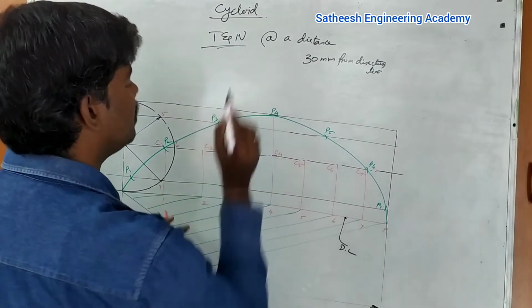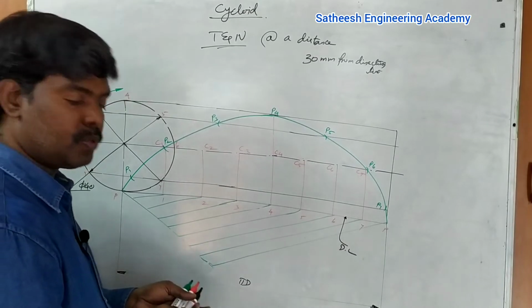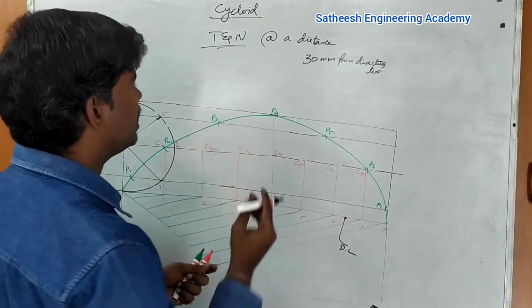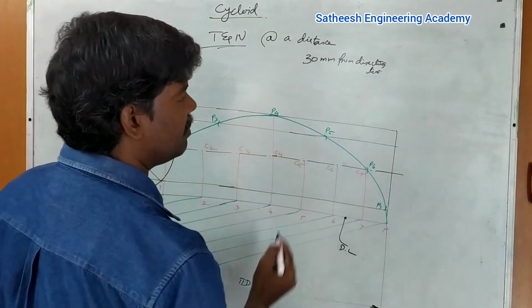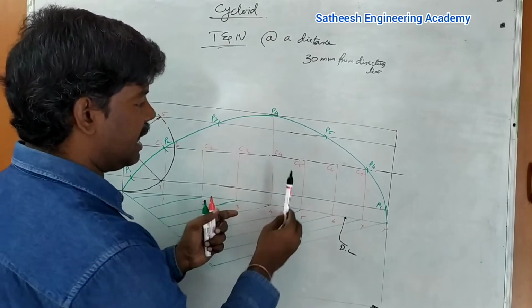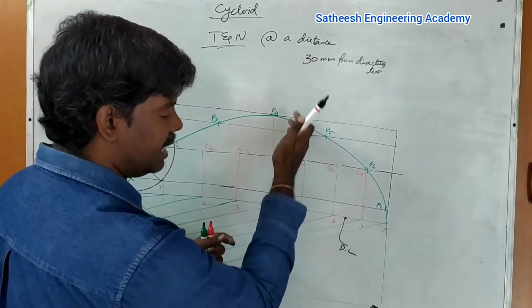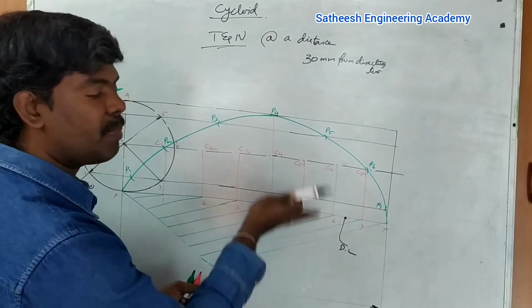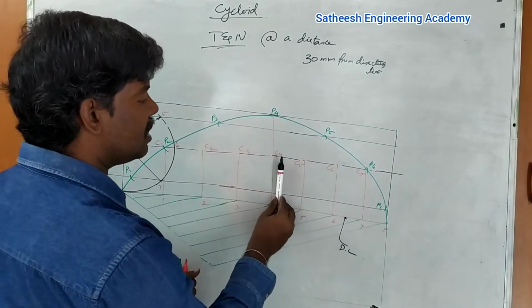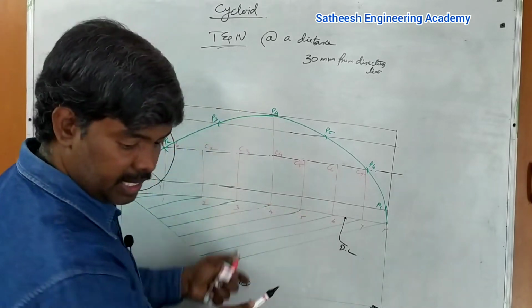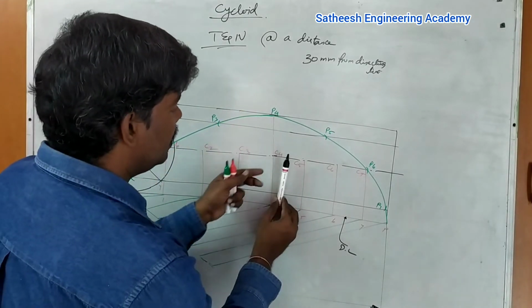Now the tangent and normal, a very simple procedure. At a distance 30 from the directing line, take a scale and measure the vertical distance from the directing line. In this diagram the directing line is horizontal, so the perpendicular is vertical. Measure 30 mm vertically and move the scale to where it intersects the curve, which you have already completed.